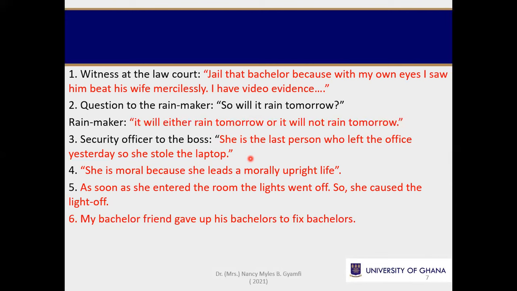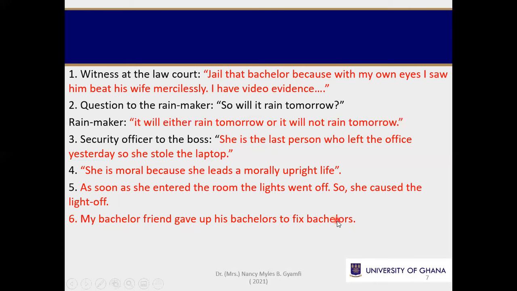Okay. My bachelor friend gave up his bachelor's to fix bachelor's. You will see. Can you see how I shift from bachelor as a human being, a friend, to bachelor as a degree, and back to what?